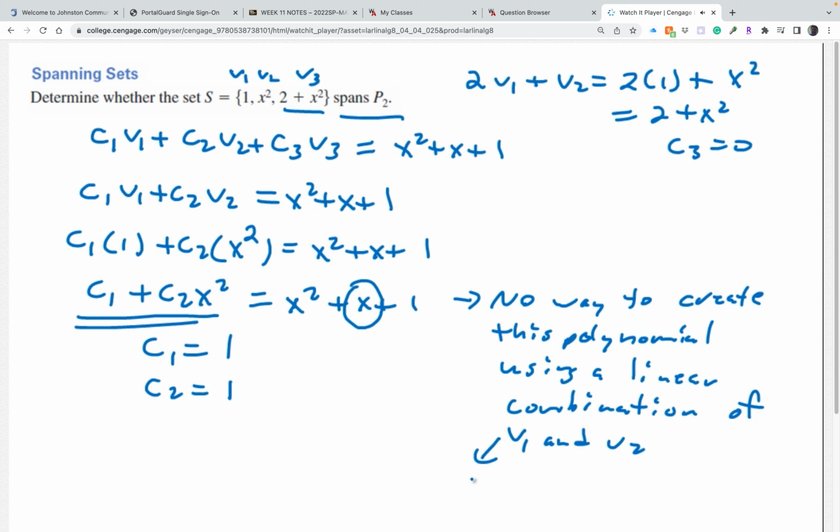So in this case, we're going to have to say that S does not span P2. And it doesn't span P2 because none of the vectors contain the x term necessary to span P2.